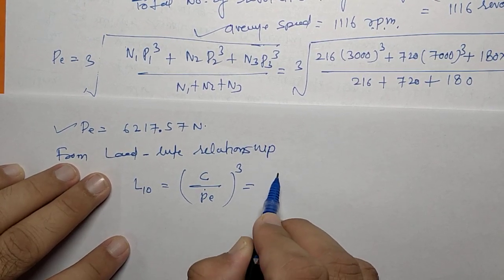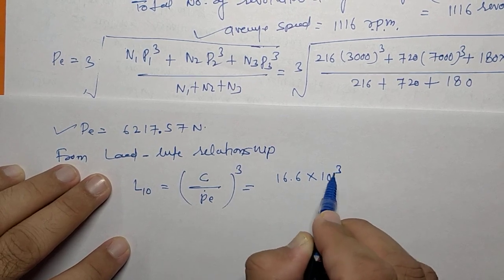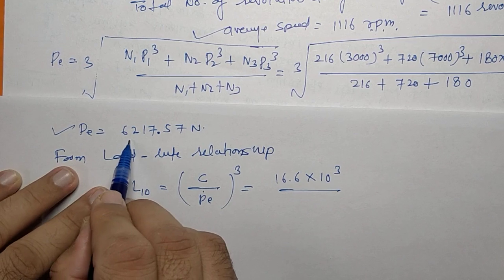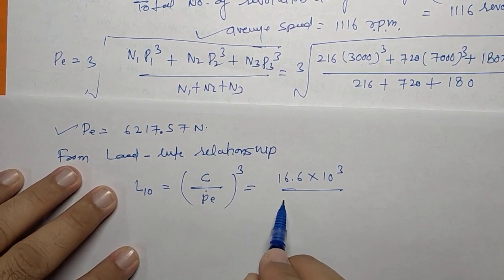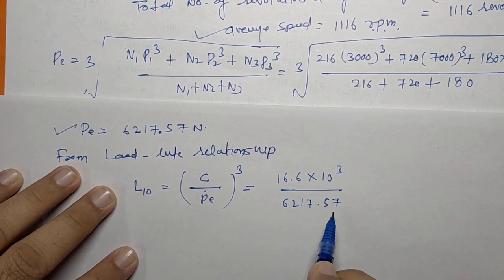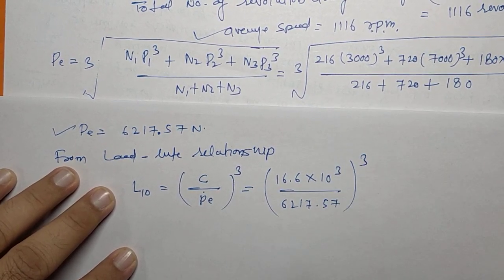So this is 16.6 multiplied by 10 raised to power 3 divided by 6217.57 Newton, raised to power 3.